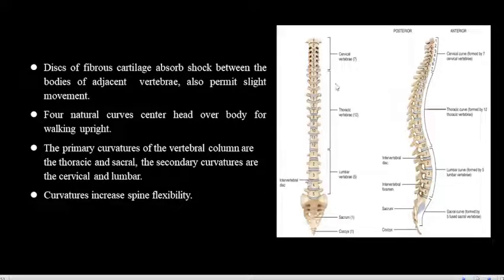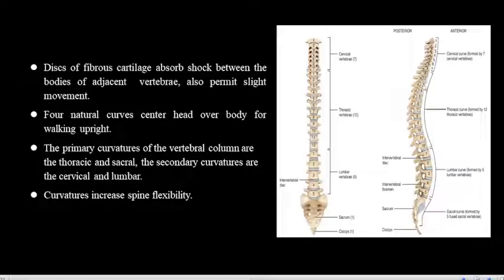So, yan siya. And then, we have 4 natural curves, para ma-center yung head natin sa katawan. So, meron tayong primary curvatures and secondary curvatures. Yung primary curvatures natin composed ng thoracic and sacral curves. Thoracic, so this one. This is a primary curve. And then, sa sacrum, ganun din. Primary curve din.